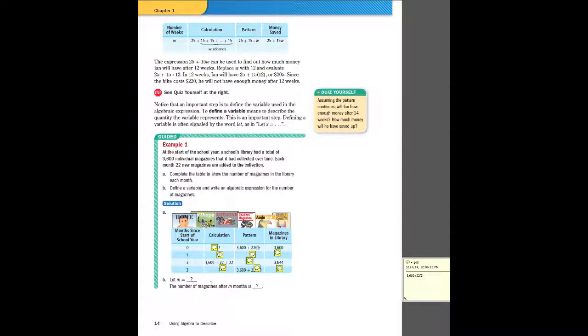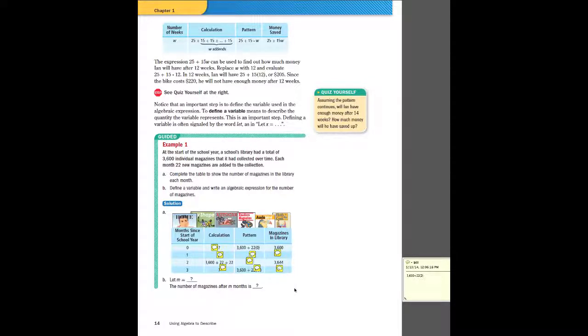It's the third year, so how many 22s are we adding in here? It was 1 in the first year, 2 in the second, looks like 3 here in the third year. So 3,600 plus 22 plus 22 plus 22. That would be 3,600 plus 22 times 3, and we get for our final answer 3,666.